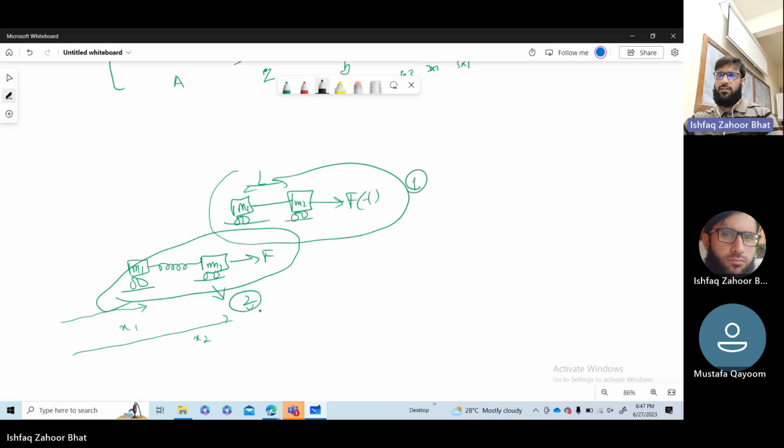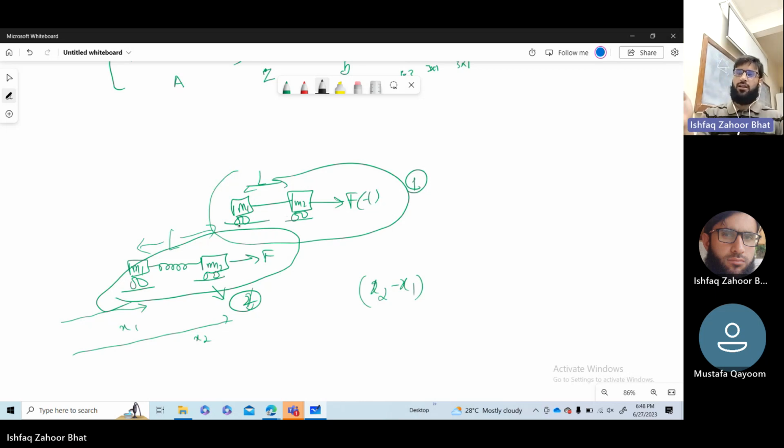If we assume that at the initial time the spring was at its normal length L, and x1 is the position of this mass and x2 is the position of this mass, then x2 minus x1 is basically the length of this spring, and L being the normal length, where there is no force.